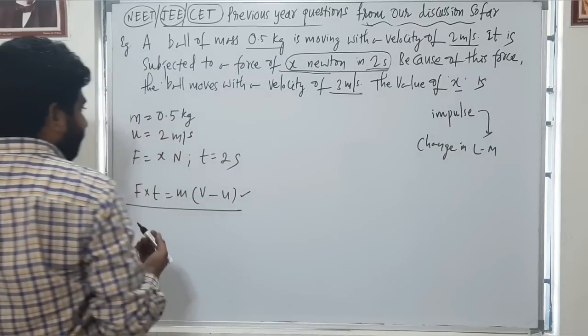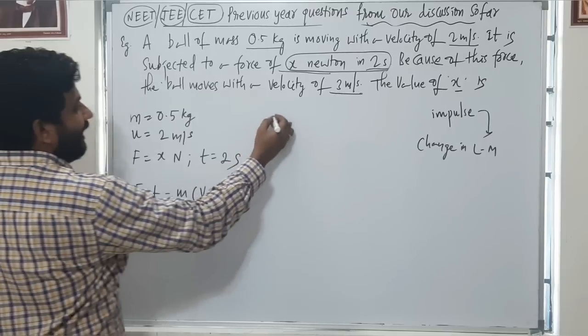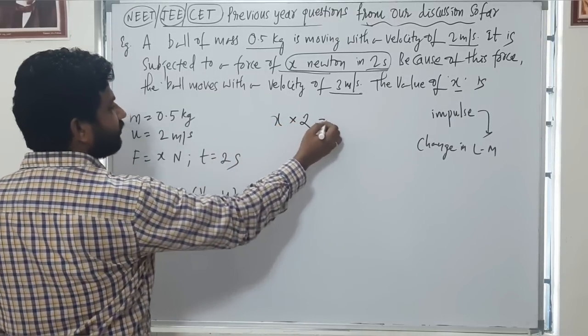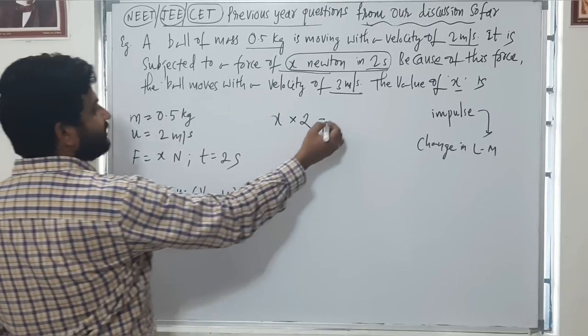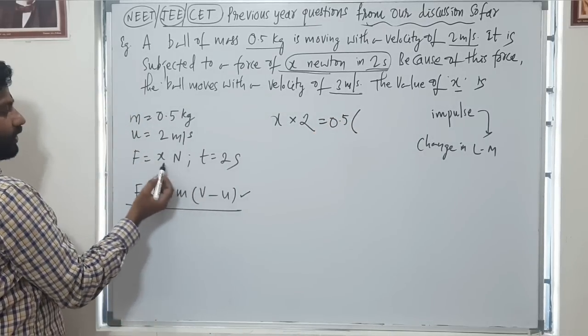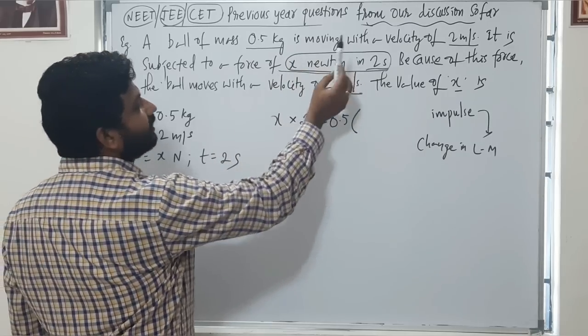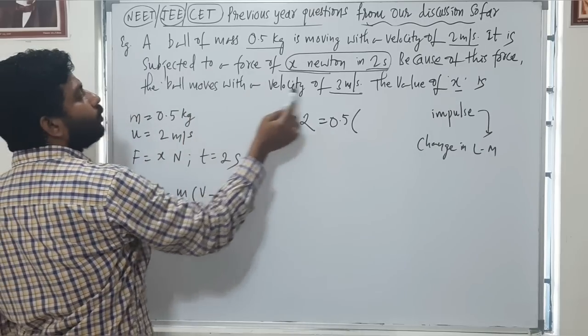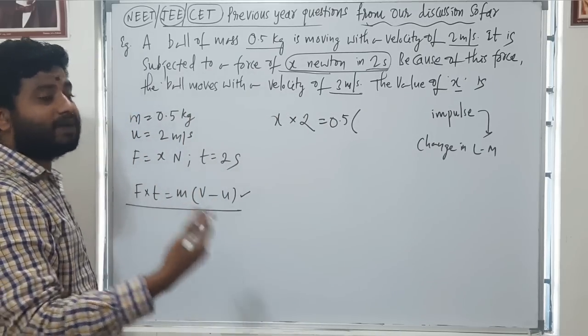Okay, now let's use this formula. What is the F value here? x into, what is the time? Time is given as 2 seconds, which is equal to m, mass is given as 0.5, into (v minus u). What is v here? After applying this force for 2 seconds, because of this force, the ball moves with a velocity of how much? 3 meters per second.